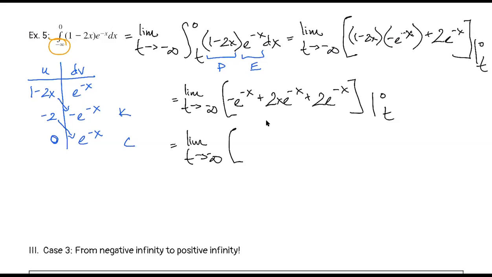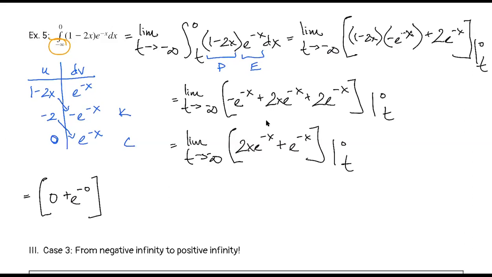And so I'm able to combine some like terms. I get 2x e to the negative x plus e to the negative x, and I plug in 0, and I plug in t. When I plug in 0, the first term is going to go to 0, plus e to the negative 0 is not going to 0. Okay, so be really careful about when you plug in things, what goes to 0 and what goes to 1.